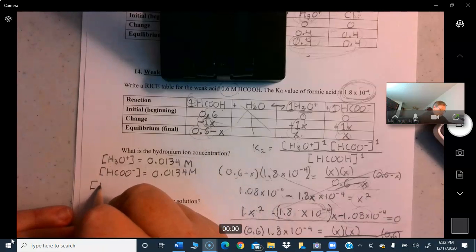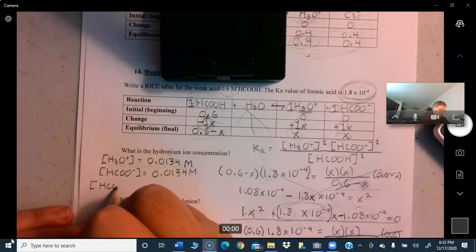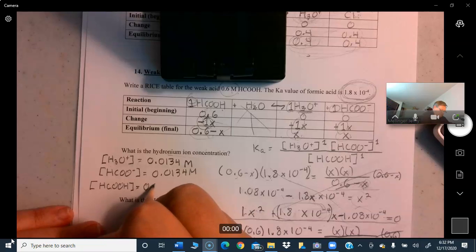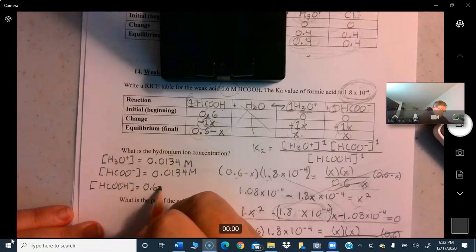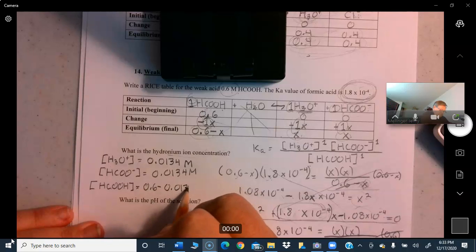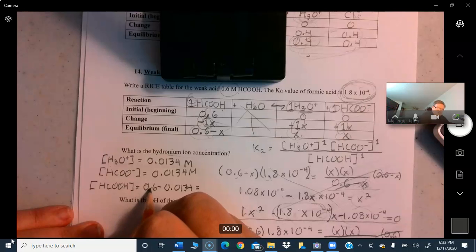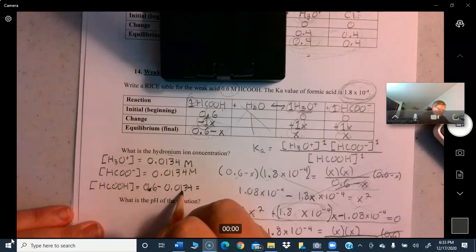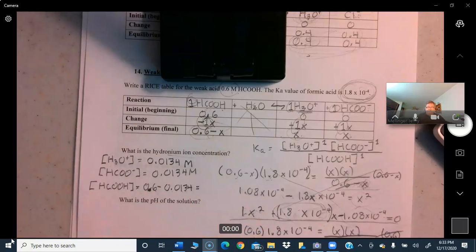I'm going to need a little space to work. So we'll do this on the calculator right here. 0.6 minus 0.0134.